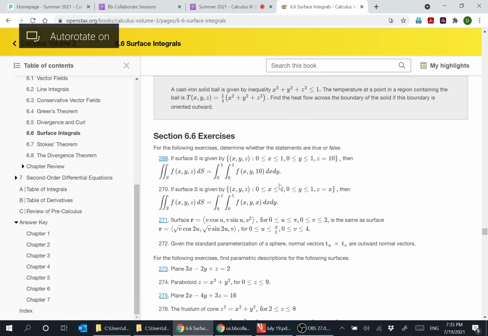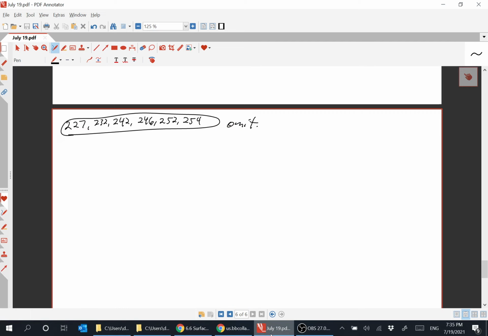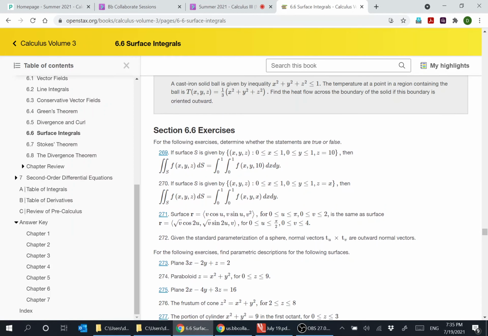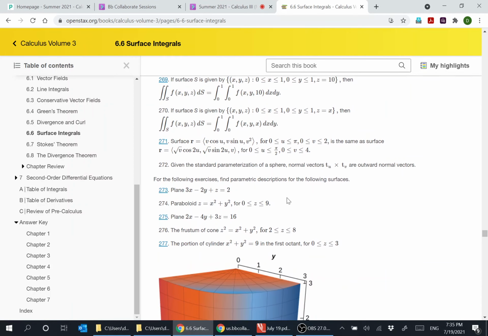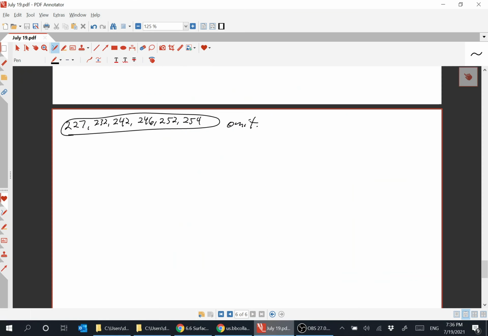Okay, so first one is number 274. So find parametric descriptions for the surfaces. So here we've got the paraboloid z equals x squared plus y squared for z from 0 to 9. So section 6.6, 274.